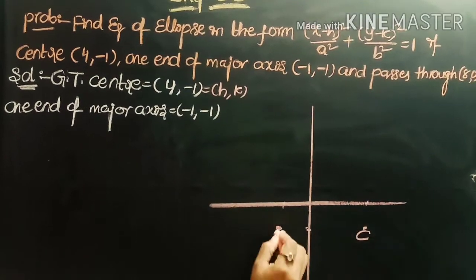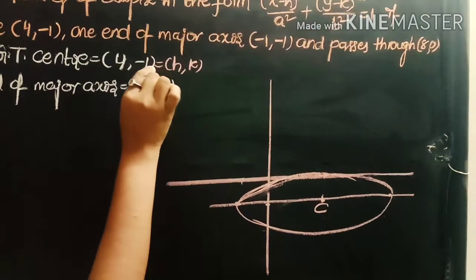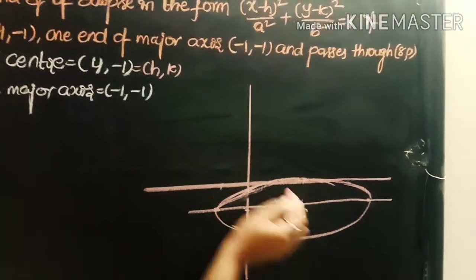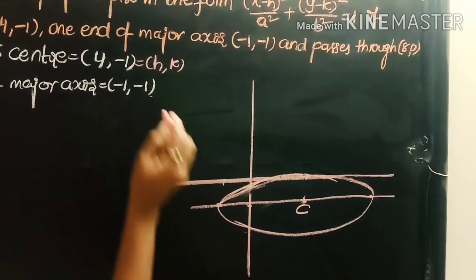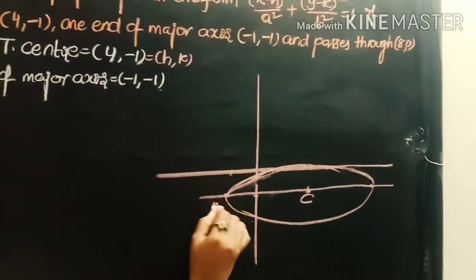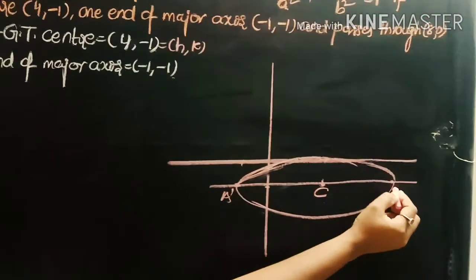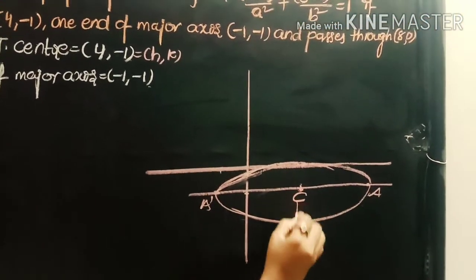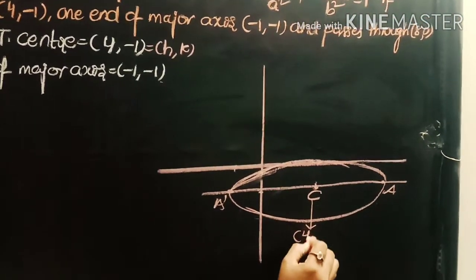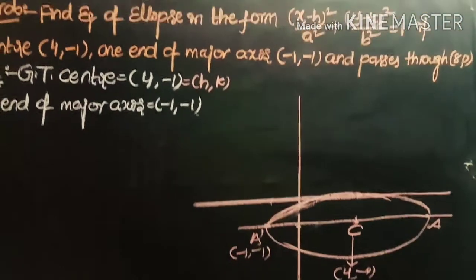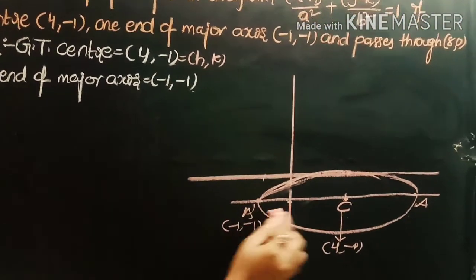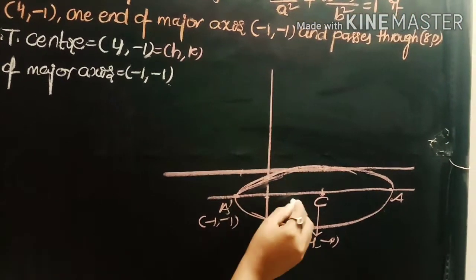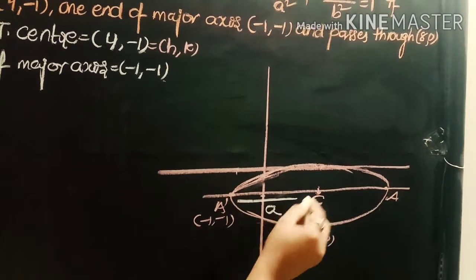So the center and one end are given. The center is (4, minus 1), and one end of the major axis is (minus 1, minus 1), which is A dash. Now this distance is equal to a. Clearly the distance between these 2 points is nothing but a, since this is the shape of the first type.